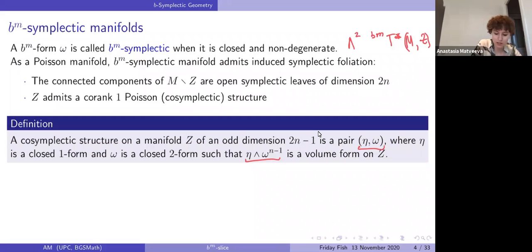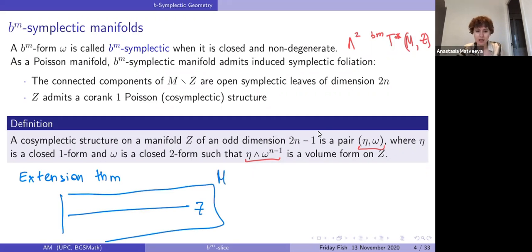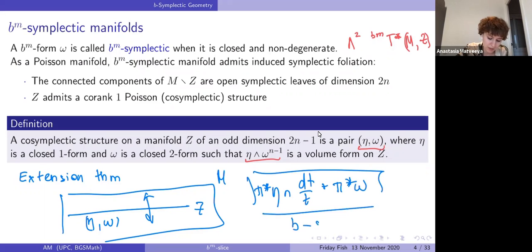For this structure, there is also a nice extension theorem that tells us that if we have our manifold Z as a submanifold of some bigger manifold M, and we have our pair eta, omega here, there is a unique way to extend it to the whole manifold, to a B-symplectic form, such that you have pi star of eta wedge dt over t, the B term, plus pi star of omega, and this will be a B-symplectic form.